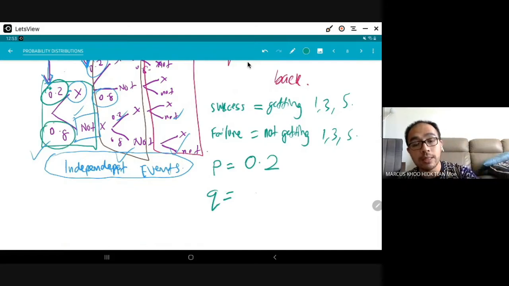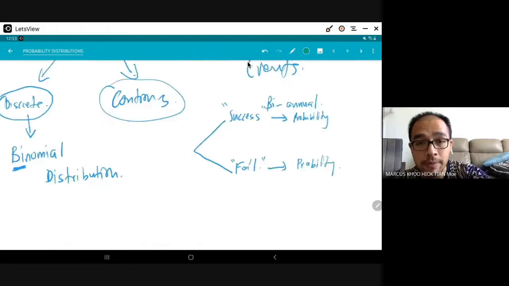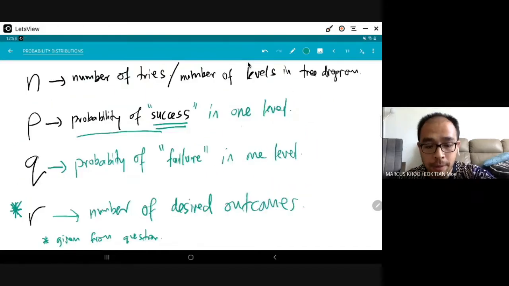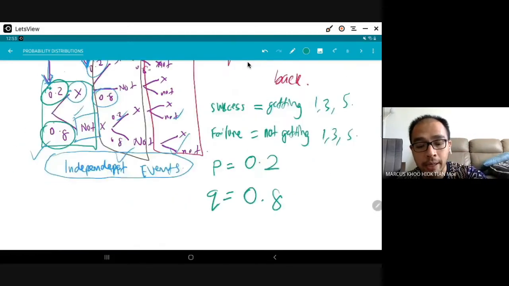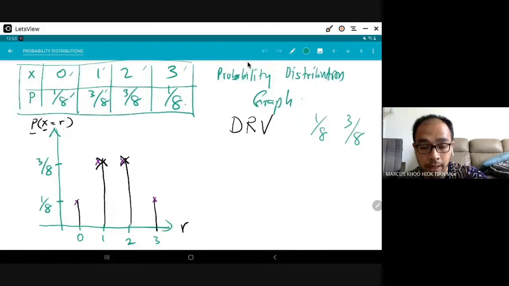which is 0.8. And that's why, that is why I said earlier, because we always look at the success and the failure in one level, that's why the binomial distribution can only be used in an independent setting. Okay, it cannot be used in the question we did yesterday, this one.